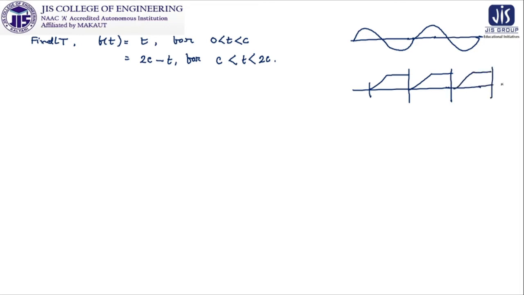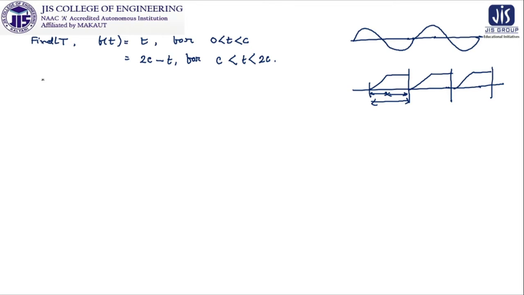So it is a periodic function where in this range it has one expression and in this range it has another expression. That is why this function is represented in two different expressions, but it is a periodic function.